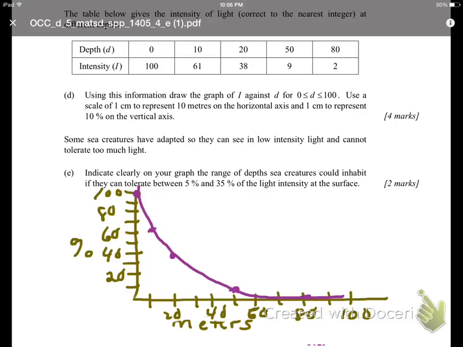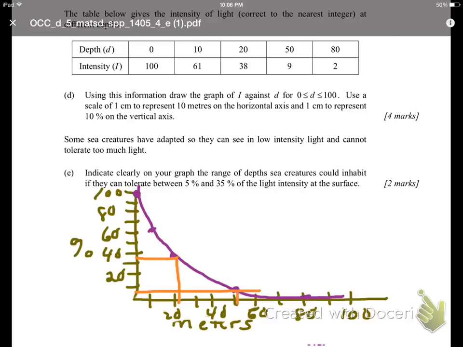Now I'll use orange. In E, it says indicate clearly on your graph the range of depth sea creatures could inhabit if they could tolerate between 5 and 35%. What I did is at 5% and at 35%, I drew this orange horizontal line, and then wherever I meet the curve, I'm going to go down.